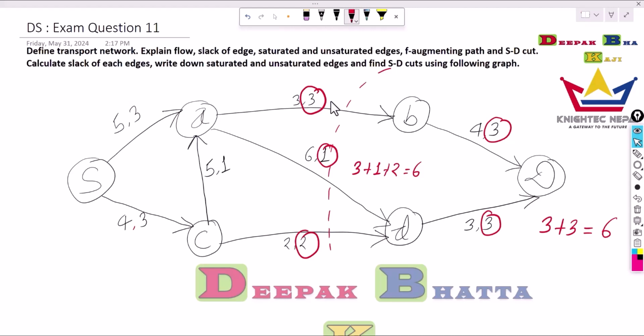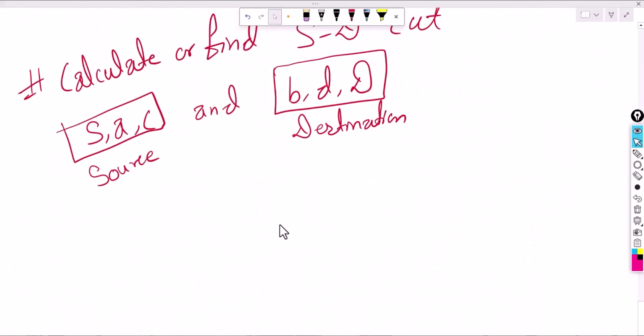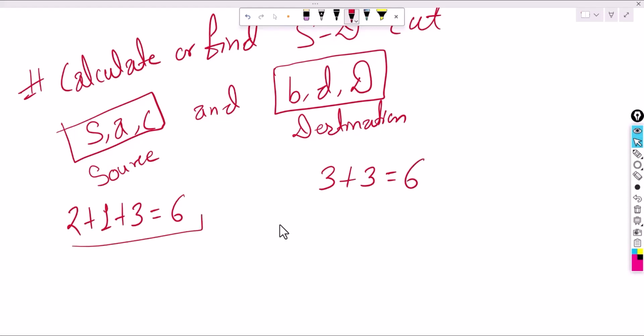So these two values must be the same, so 6 and 6. So we can write 2 plus 1 plus 3 equals 6 and 3 plus 3 equals 6, right? So this is our cut.